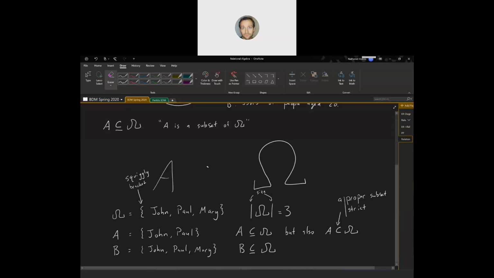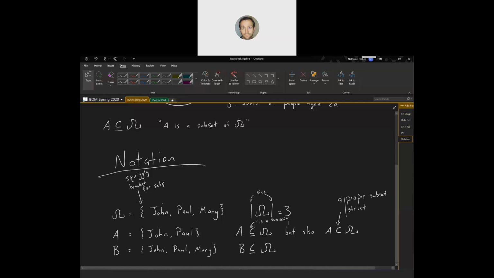Let me get rid of this. Notation. Okay, so we have squiggly brackets to denote sets.